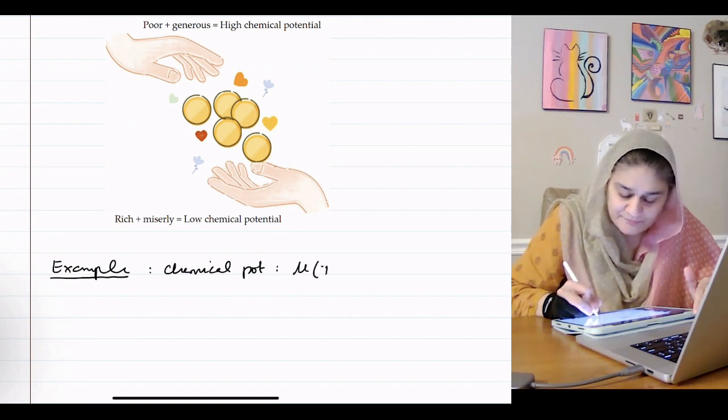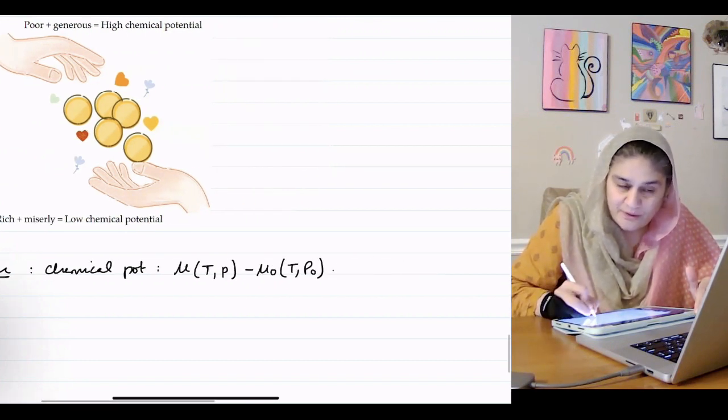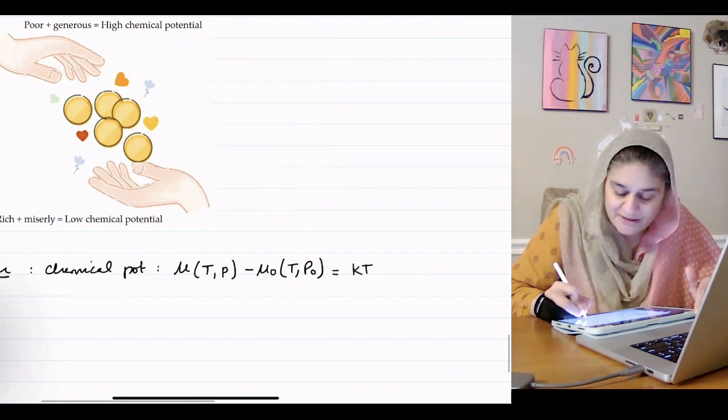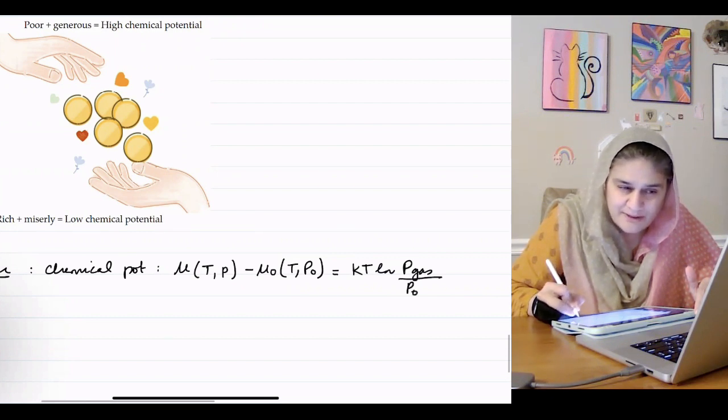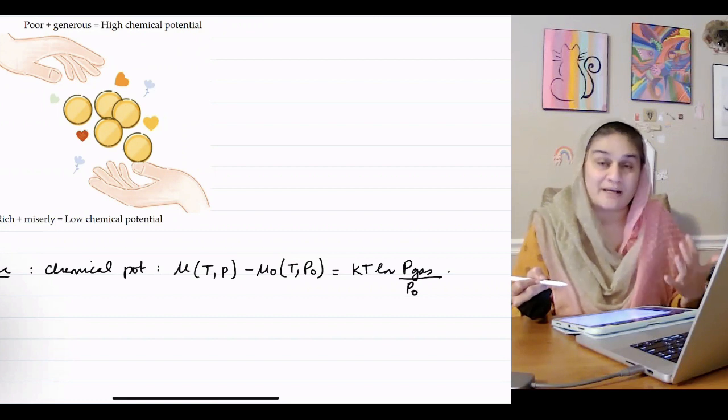Mu at T and P will be given by kT log of P of the gas divided by P0. Note, P0 is usually taken as 1 atmospheric pressure.